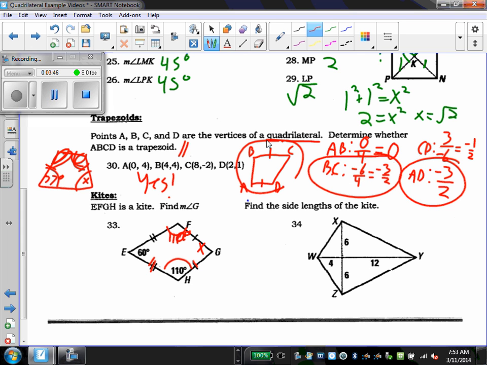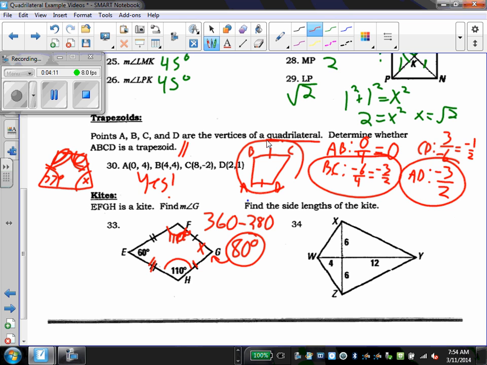Well, knowing that that angle across is 110, and knowing that since this is a quadrilateral, all the angles add up to 360, we just need to figure out how many degrees we already have and subtract it. 110 plus 110 is 220. 220 plus 60 is 280. So it's 360 minus 280, which gives us 80 degrees. And that's G. So that's good.